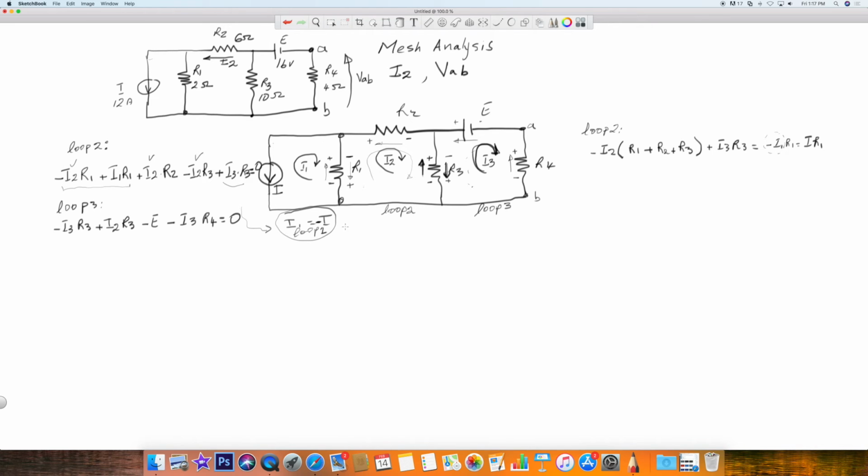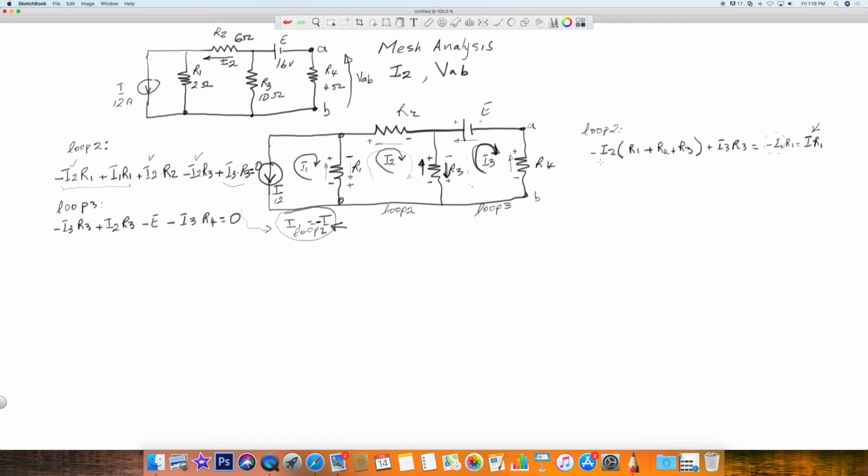We've established that right here. And we know this is a constant since our current generator here, what was it, 12 amp, right? So this generated 12 amp. So it will be 12 times R1, right? So that's a constant, so it will be on the right-hand side of this equation, okay?